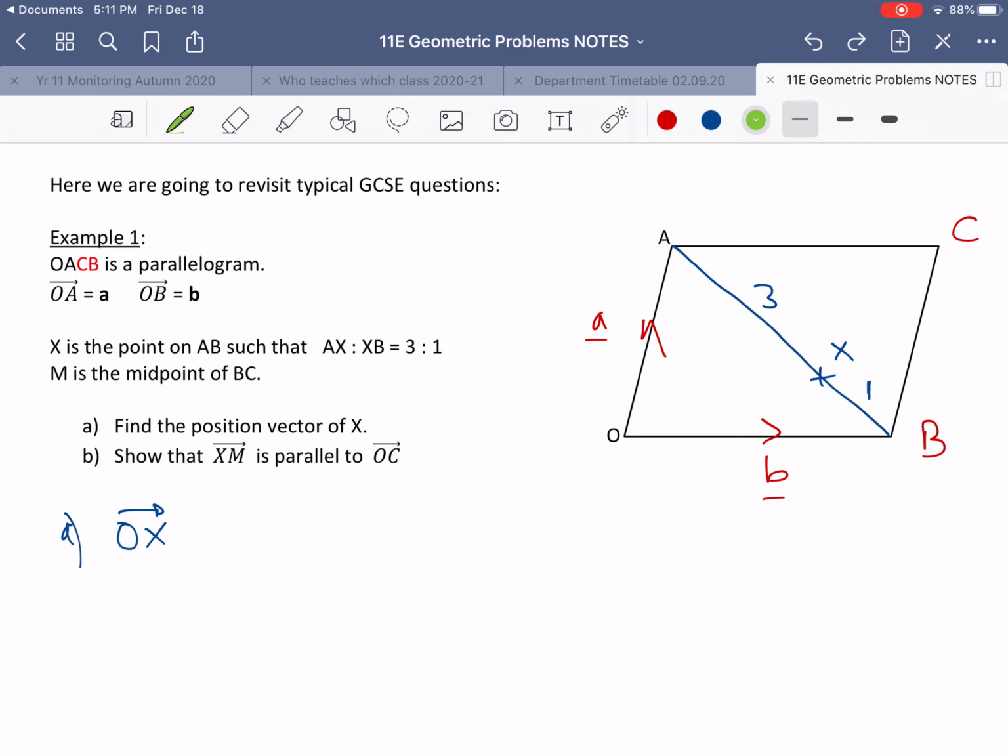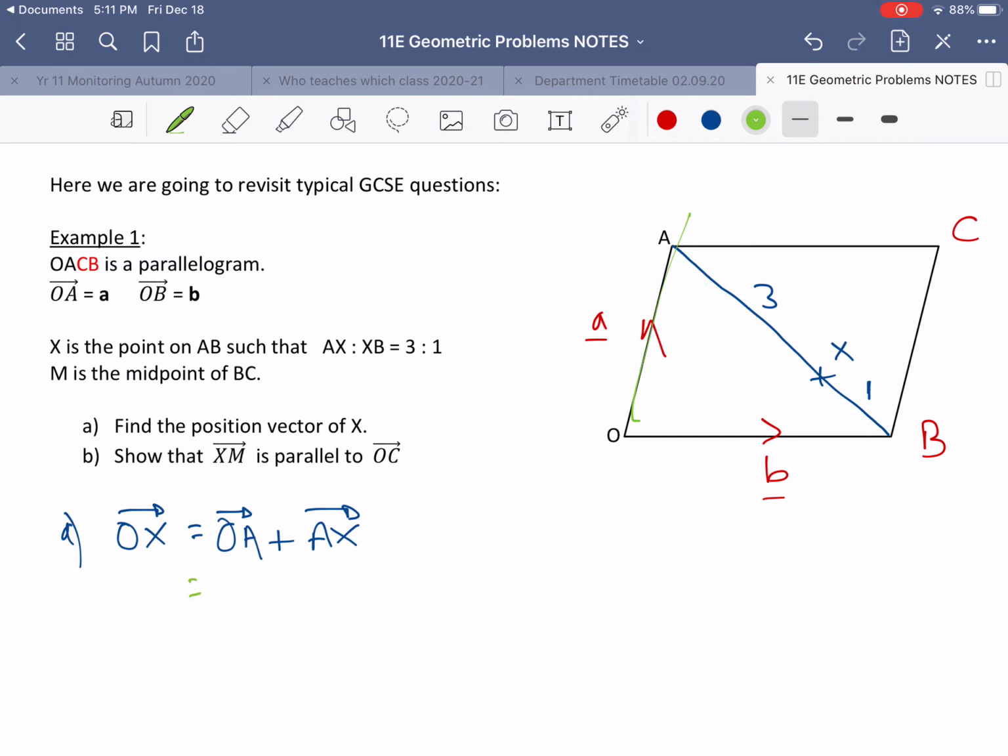Either way will give you the same answer. So I'm just going to go along the top and down. I'm going to say O to X is equivalent to going O to A plus then A to X.